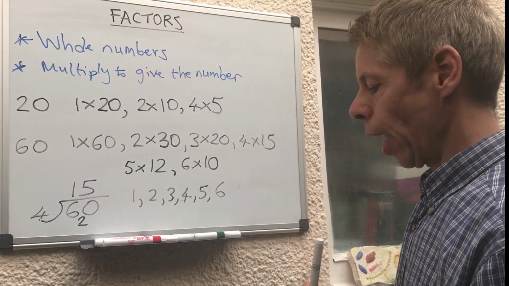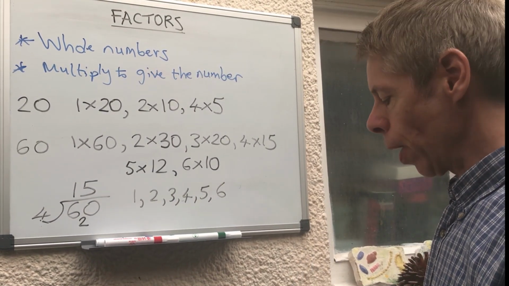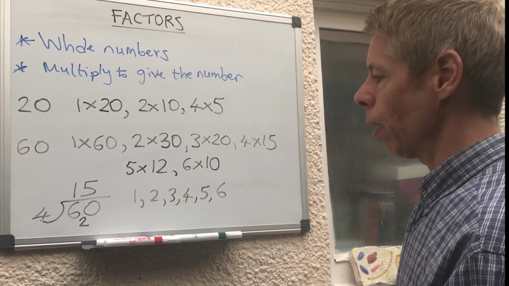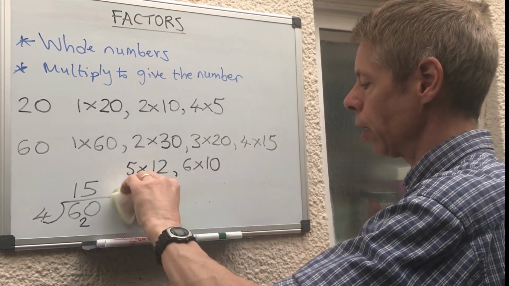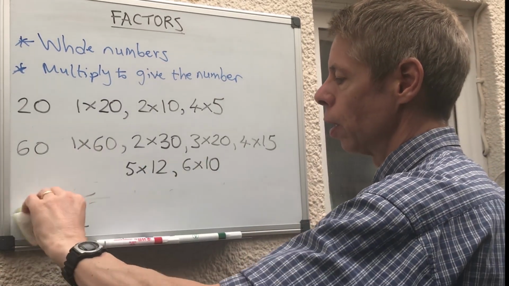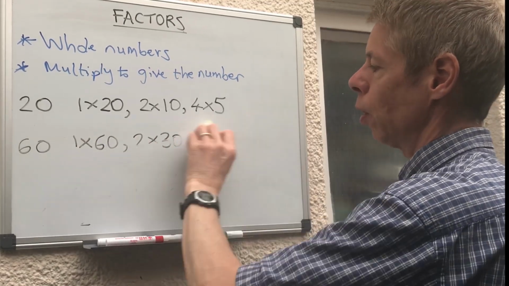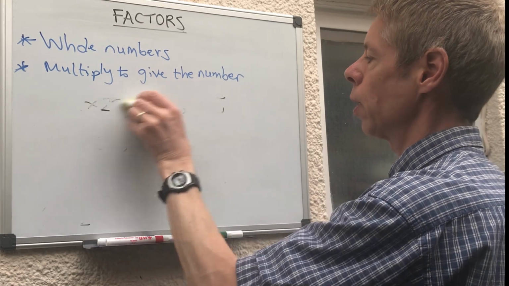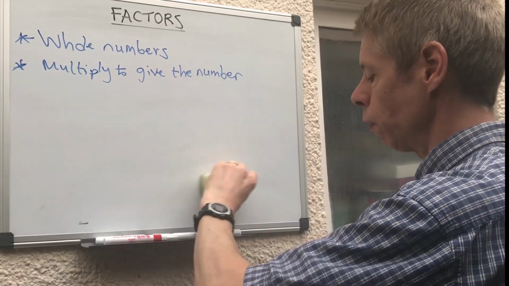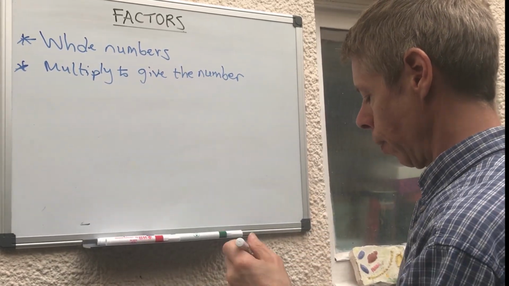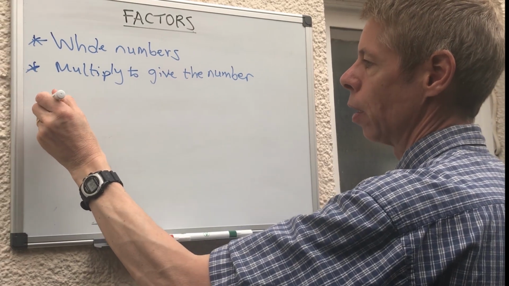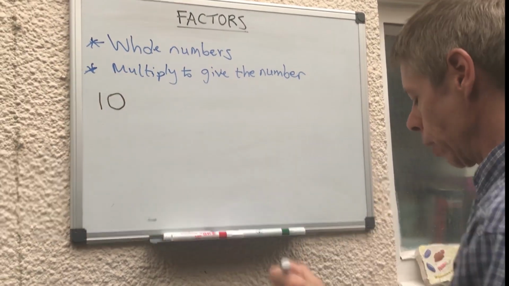So get your pen and paper ready. We're going to try a couple of numbers, see if you can get all the factors of those numbers by the time I tell you to stop. So the first number we're going to do the factors of is going to be 10. So factors of 10, reasonably easy.